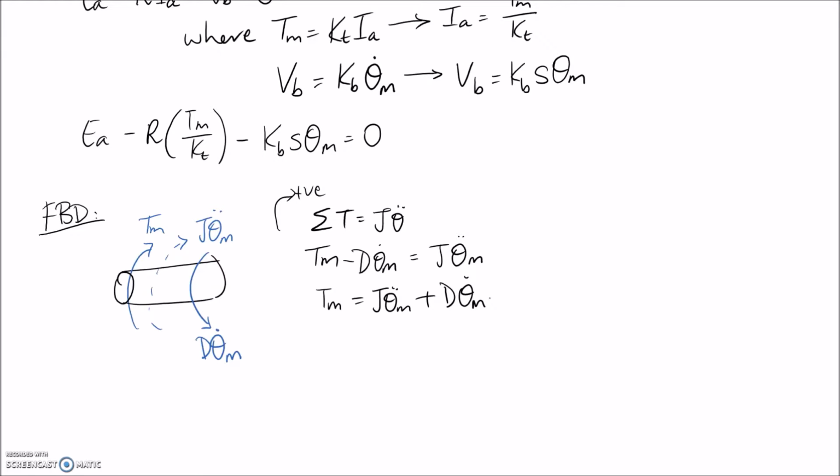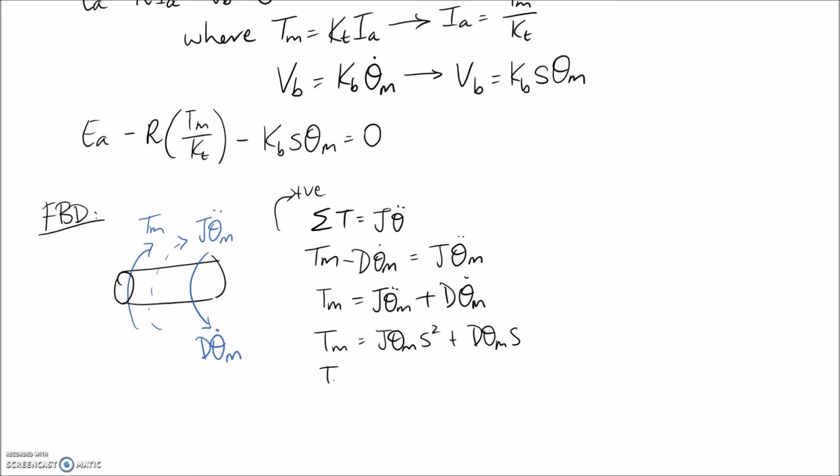And now I'm going to take my Laplace transform so that I get rid of these derivatives with respect to time. So Tm just becomes itself. J is a constant, and it gets multiplied by theta m. The dots disappear and become s squared. And theta m again stays, and the dot becomes 1s.